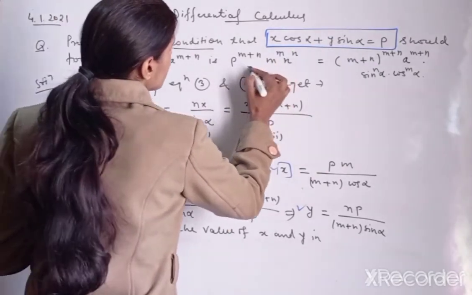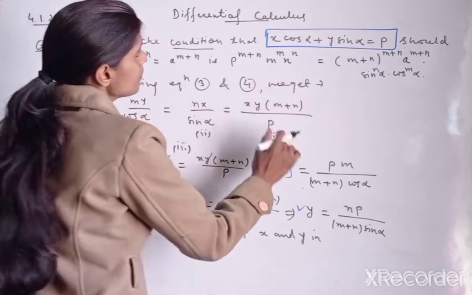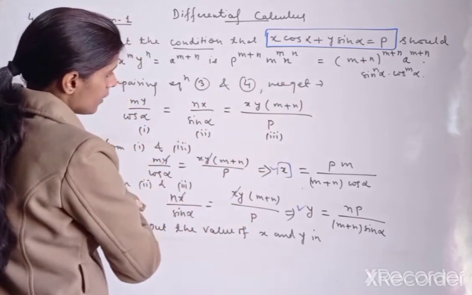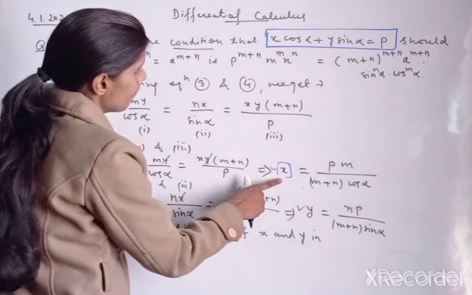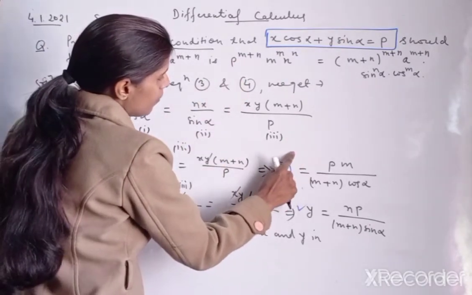This will become x to the power m and then y to the power n, because if we have this value, then see girls, here it is m plus n.